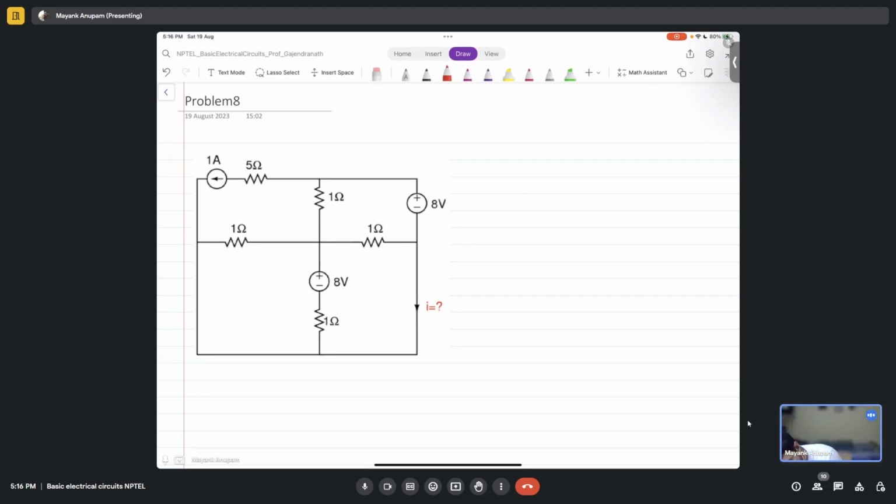I'll take this node as a reference node, the node above 8 volts. Let's take this one as a reference node. Now tell me how many nodes do I have in the circuit?